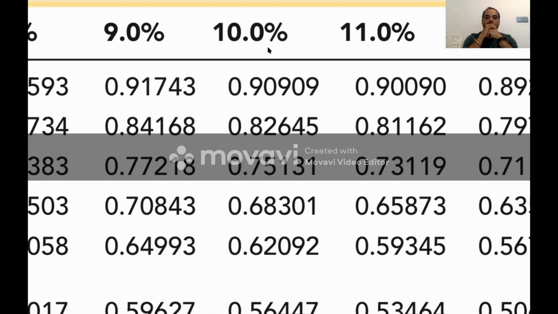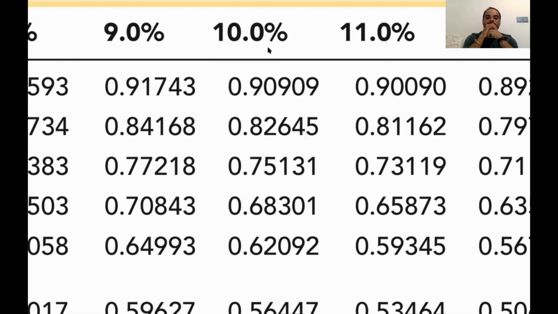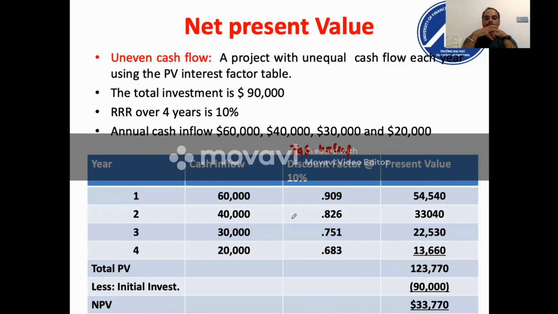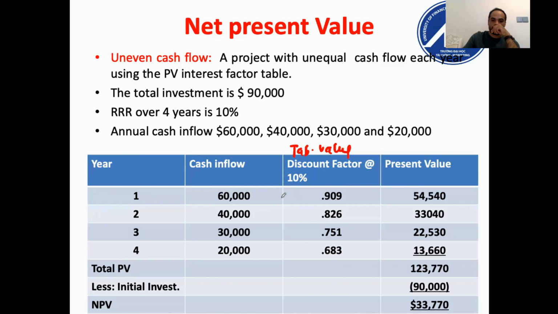Third year, the table value is 0.751. And the fourth year, table value is 0.683. So here, 0.909, 0.826, 0.751, and 0.683.